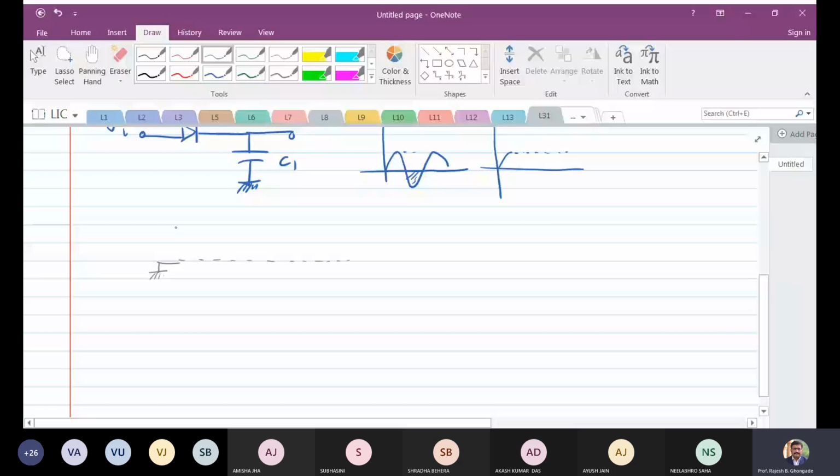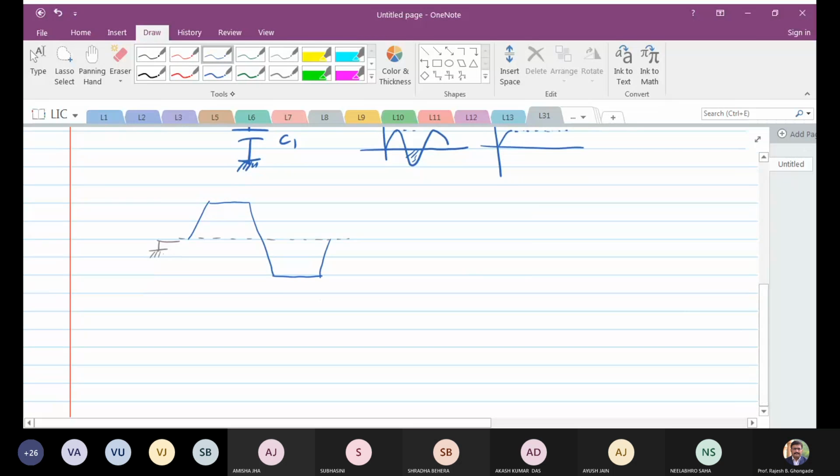So if your input is something like this, in that case it should follow the same thing, and then hold the value here like this.